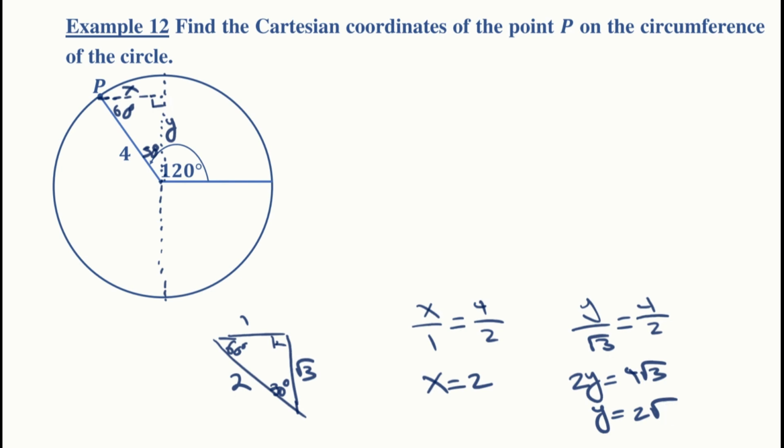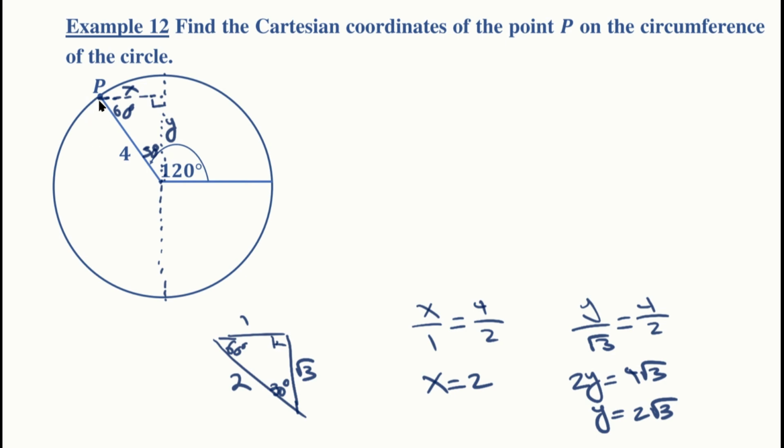So now all I have to do is adjust for the location, right? So notice that here we're going to have a negative value for x and a positive value for y. See?